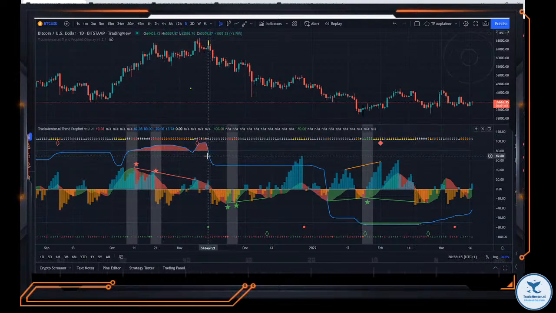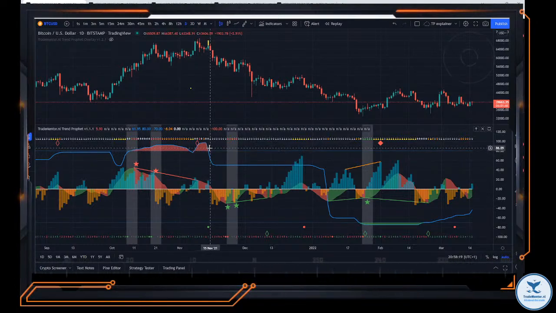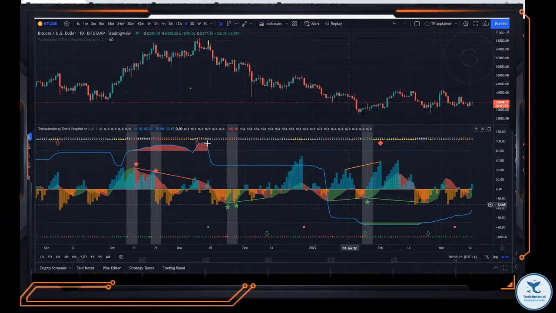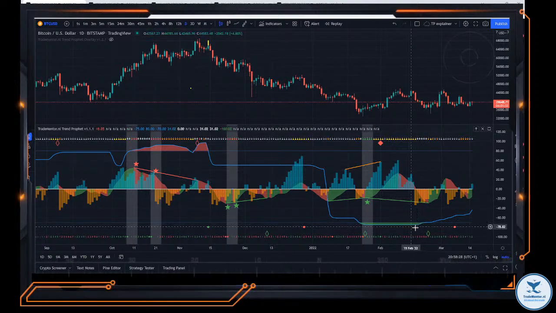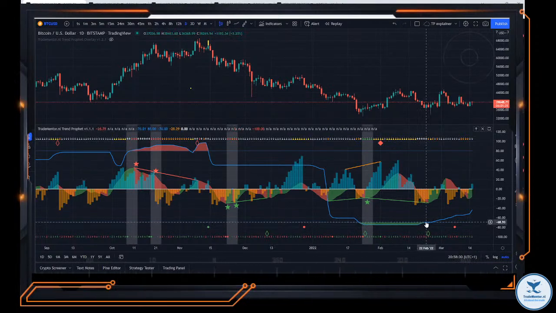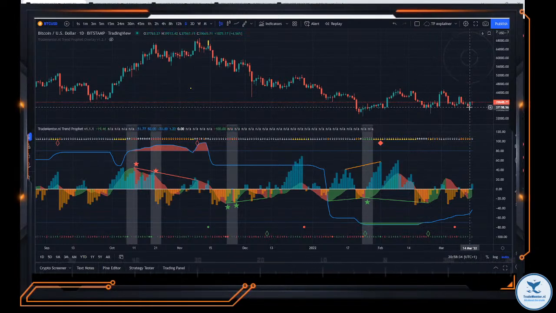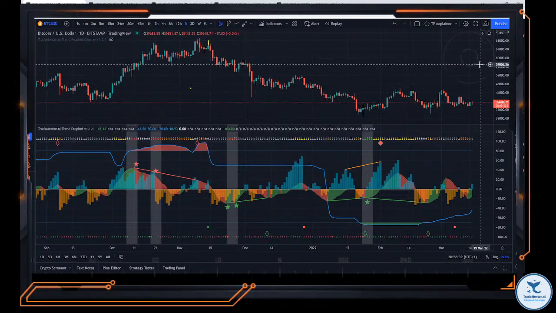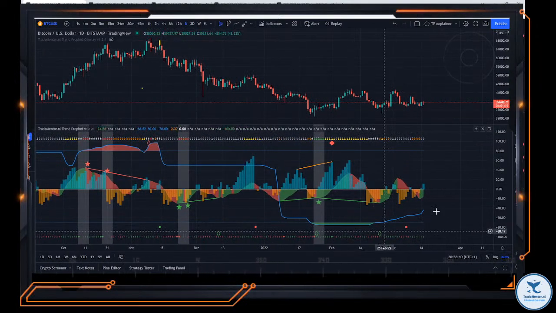And what I liked about this candle is that we were almost exiting the oversold territory, so there was quite a steep jump here. The jump was much less, and obviously the price was not instantly reversing, but on the daily chart it still looks like we are going into an uptrend based on the trend strength.